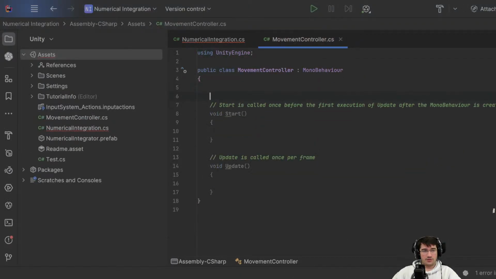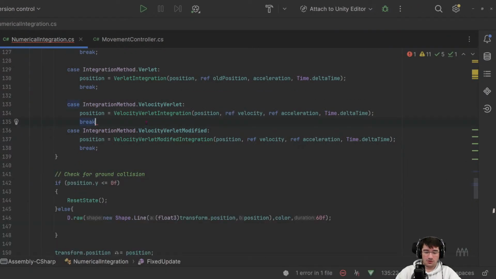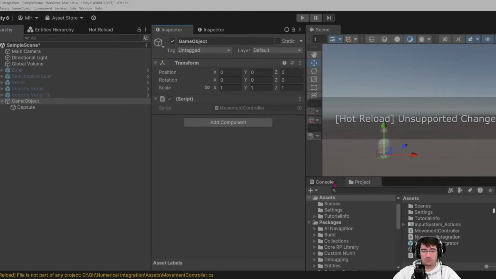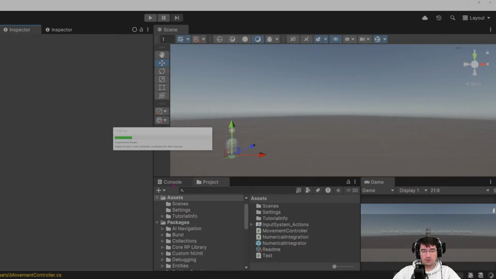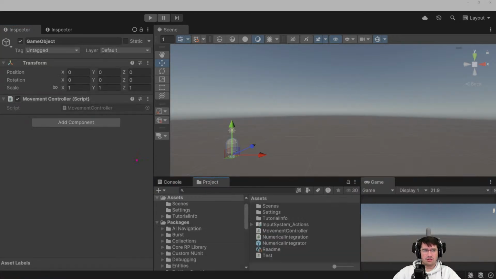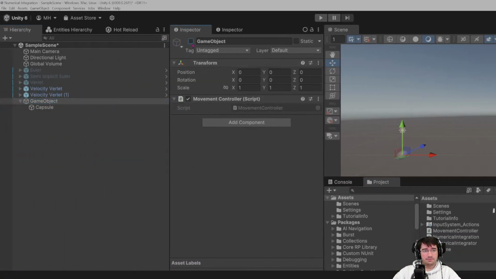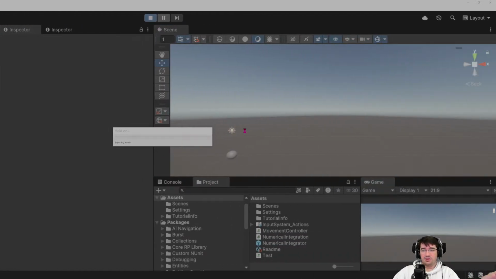And why are you complaining for the numerical integration? Forgot this one. So actually, if it was not compiled, let's play it again. And actually, did I actually change the method? No, I didn't even change the method, so that's why it's exactly the same. So let's hope it's still the same.